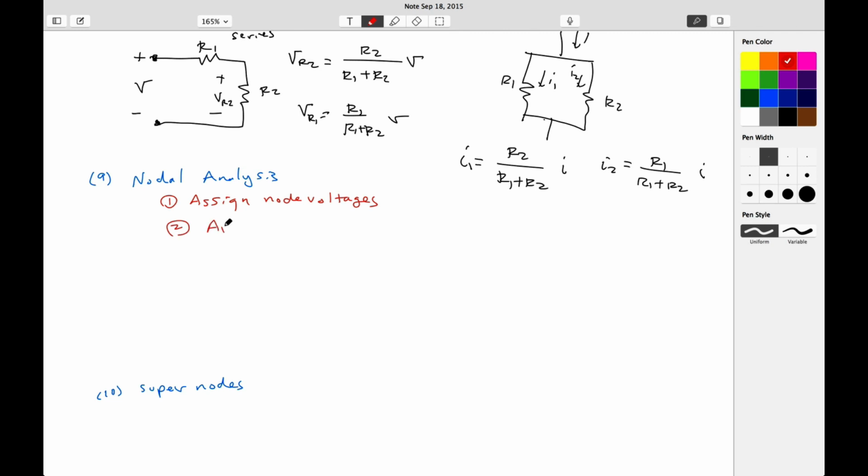By the way, this is also part of step 1, setting something equal to ground. Step 2, we apply KCL at each of the nodes that's not ground, and then we use Ohm's law to write the currents in terms of node voltages.